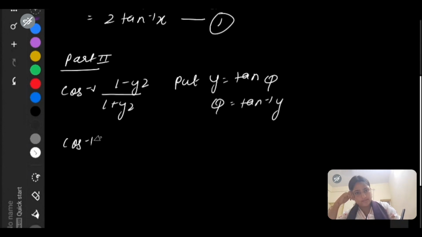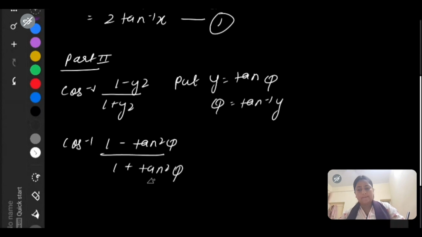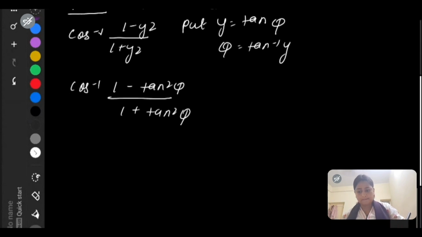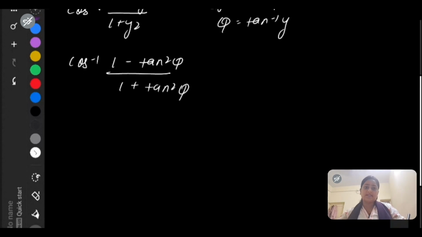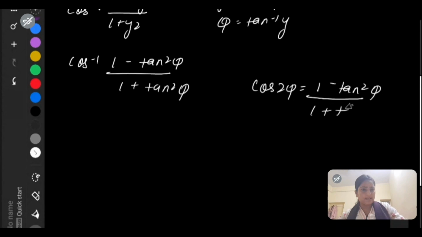Now we'll put here cos inverse 1 minus tan square phi upon 1 plus tan square phi. And note this formula: cos 2 phi is 1 minus tan square phi by 1 plus tan square phi. Note it down. This is the important formula here.